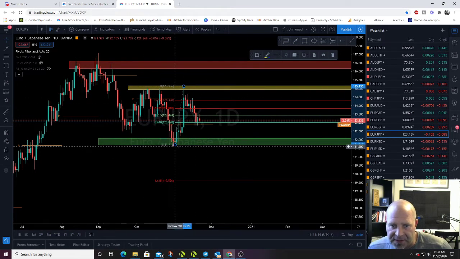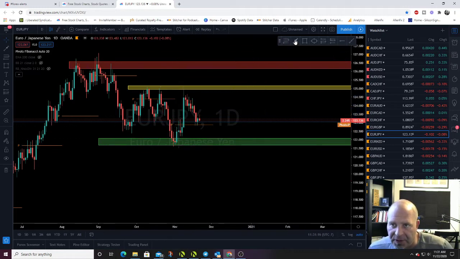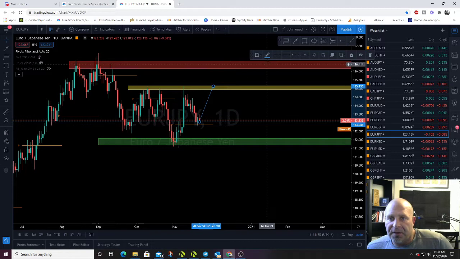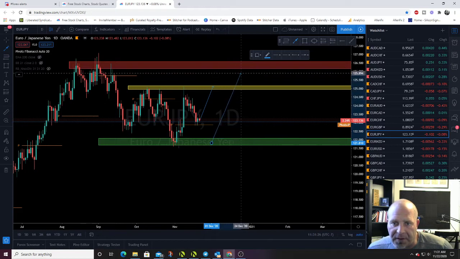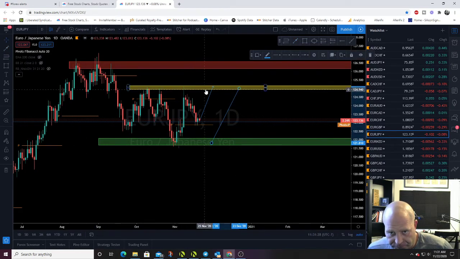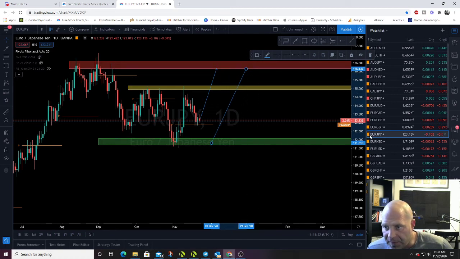Because the Fibonacci is showing what it is, I'm going to look for that move. That is my higher probable move going long from here. So I'm all long on this. I'm going to actually turn this one green.